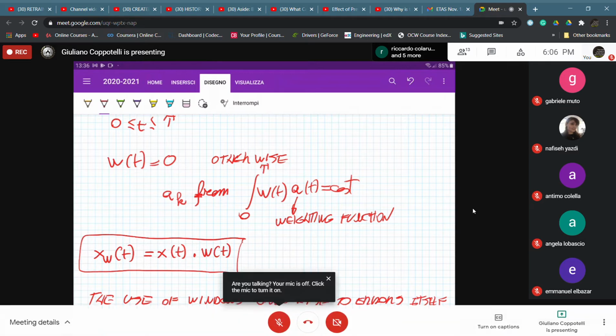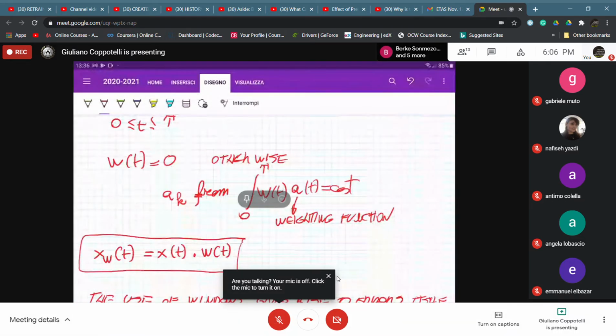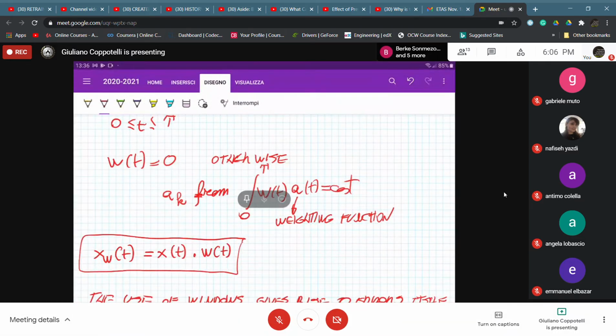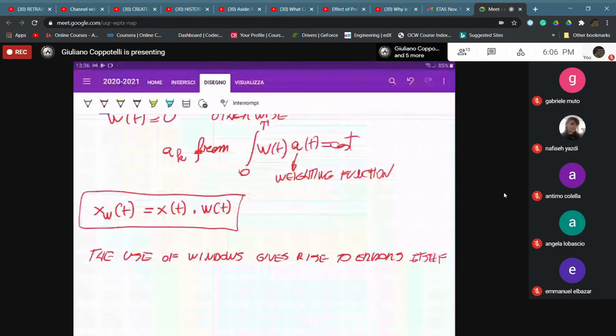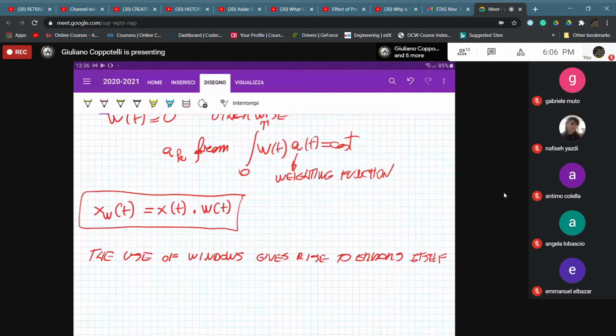Okay, but however, you are still changing your signal, because you are not dealing with just x(t), that is your measured signal, but you are dealing with the x_w(t), that is your windowed measured signal.